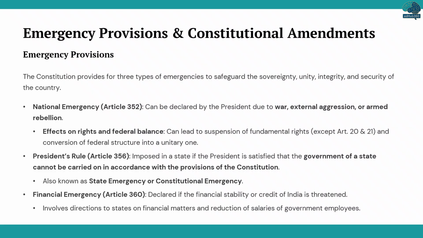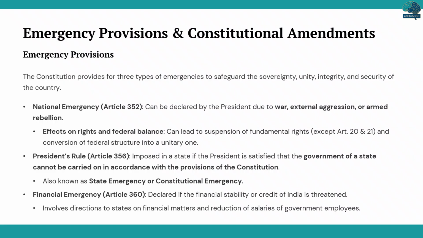Second, President's Rule, under Article 356, also known as state or constitutional emergency. This is imposed in a state if its government cannot function according to the Constitution. And finally, a financial emergency under Article 360, declared if India's financial stability is threatened, potentially leading to directions to states on financial matters and salary reductions for government employees.